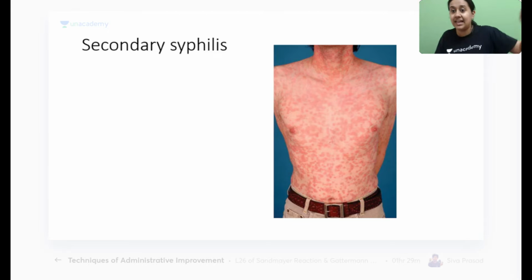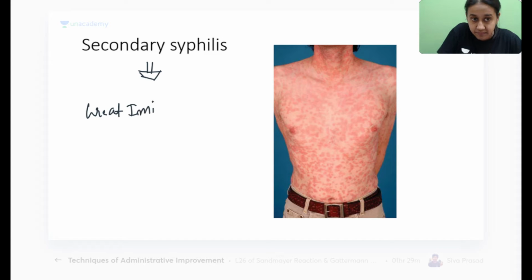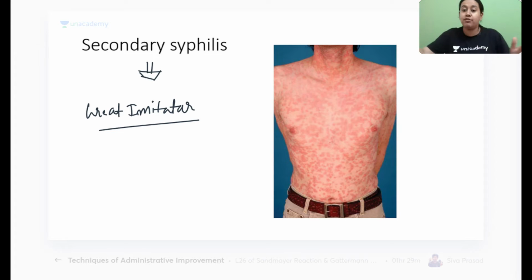And then comes the secondary syphilis. I hope you remember, I told you secondary syphilis is a great imitator. It can have any type of presentation, whether it is a papule, pustule, scale. But can you tell me which lesion you will never see in a patient of secondary syphilis? Amazing.